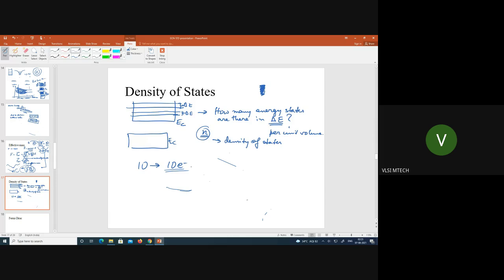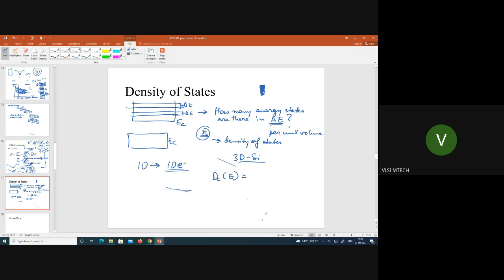Now, for a 3D semiconductor material like silicon, which we basically use for MOSFETs and everything, this density of states comes out to somewhere around this number.